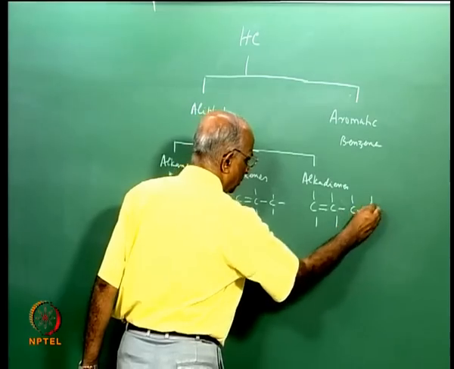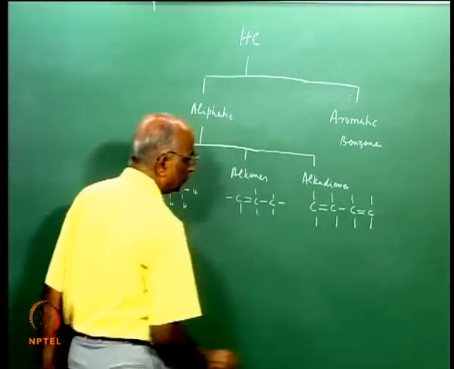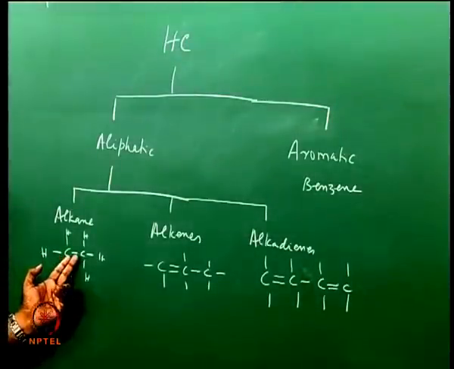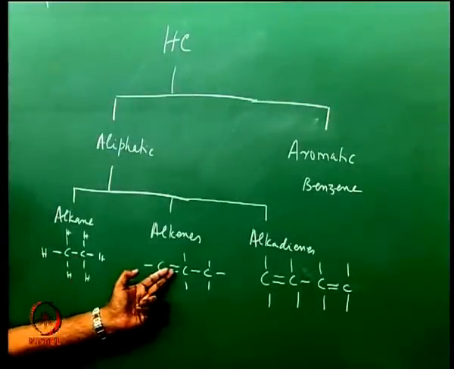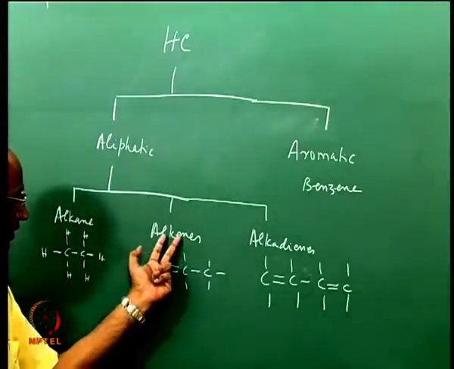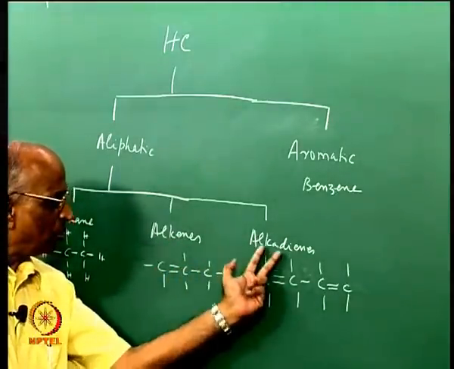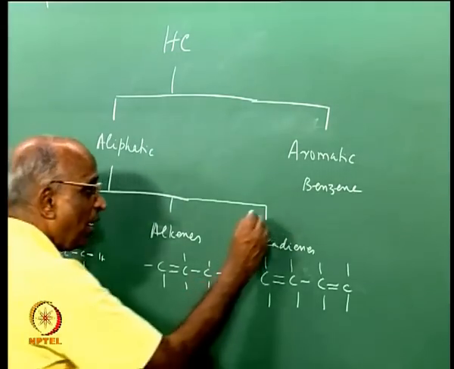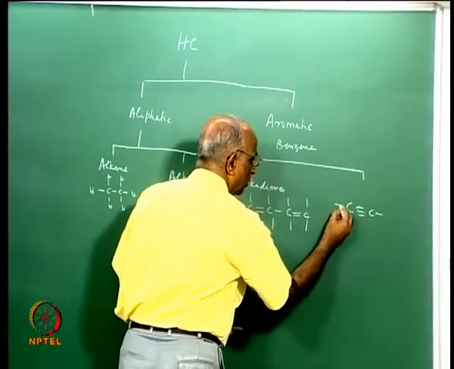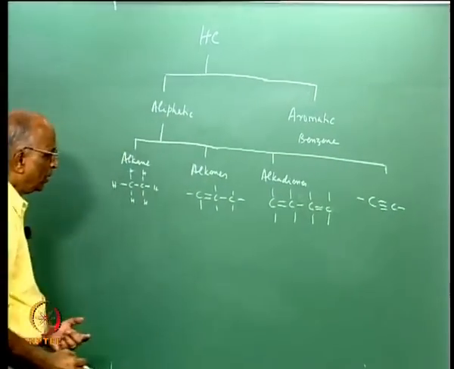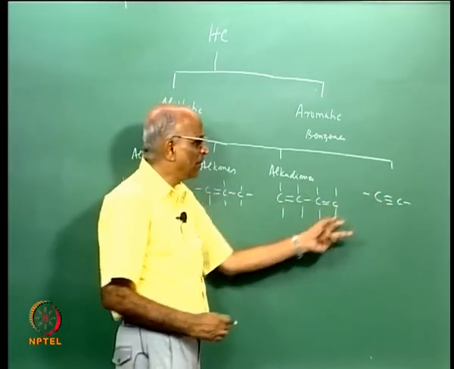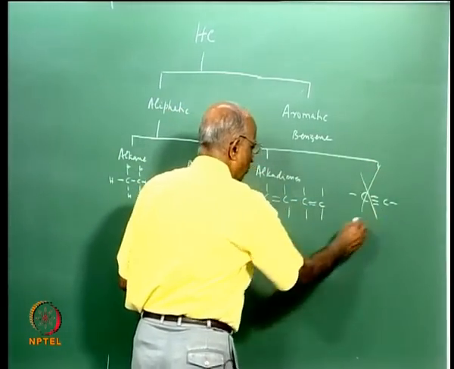We could have a single chain with all single bonds, we could have one double bond which we call alkenes, we could have two double bonds which we call alkadienes, we could also have one triple bond like acetylene, C2H2. The triple bond is highly unstable, acetylene is an explosive, therefore we cannot use such compounds.